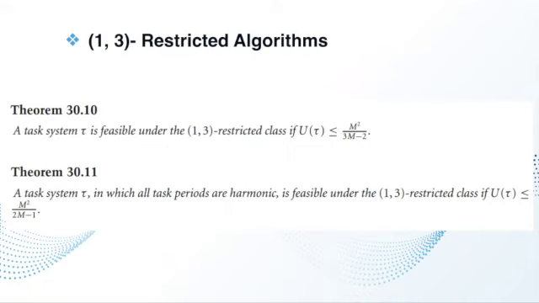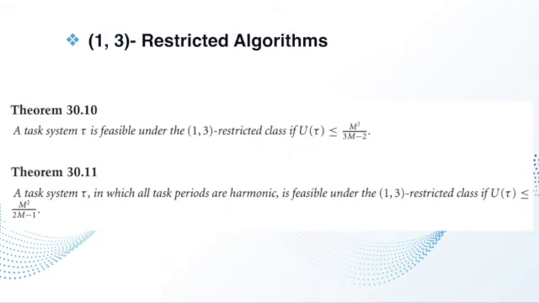Hence, we have the following theorem, 30.10: a task system tau is feasible under the 1 and 3 restricted class if u(tau) is less or equal than m squared over 3m minus 2.